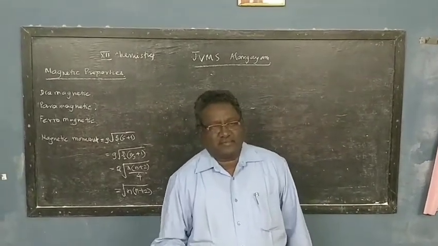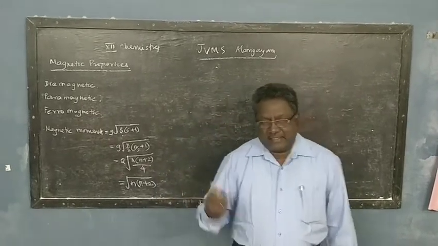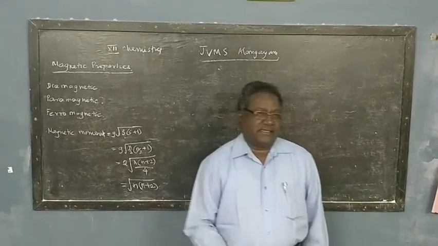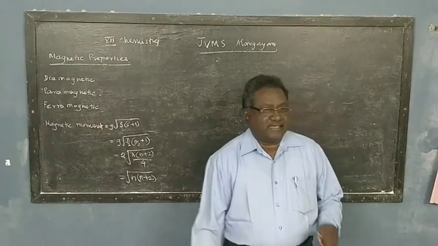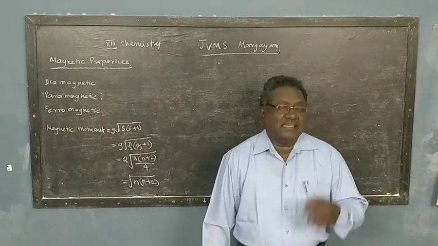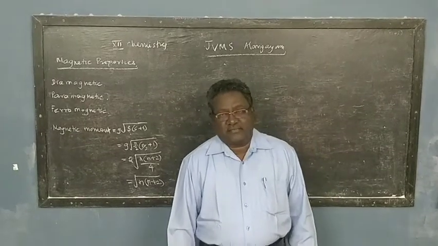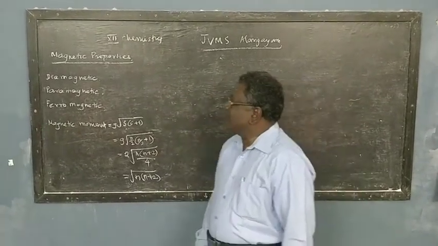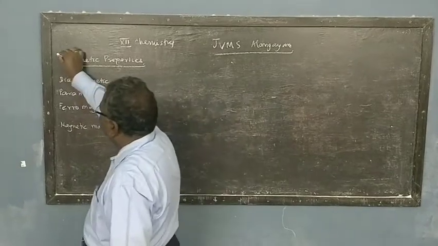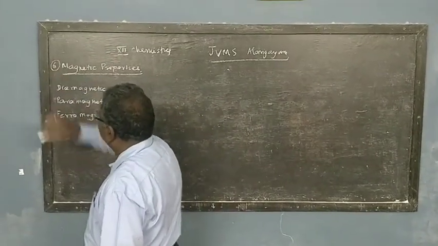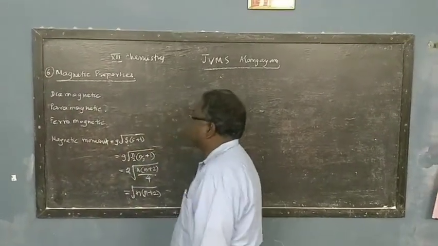We already discussed the position in the periodic table, electronic configuration, metallic property, atomic size, ionization energy, and electrode potential. Today we are going to the next property, that is the magnetic properties.